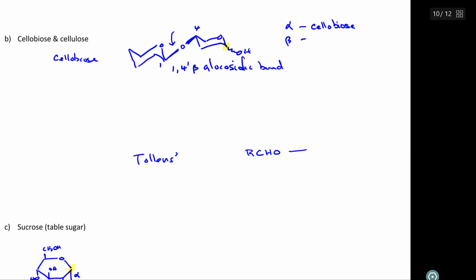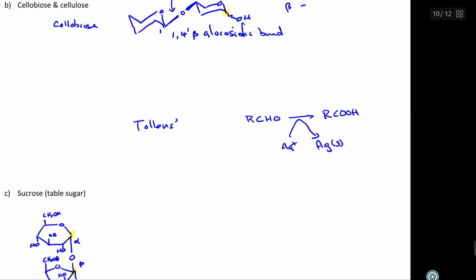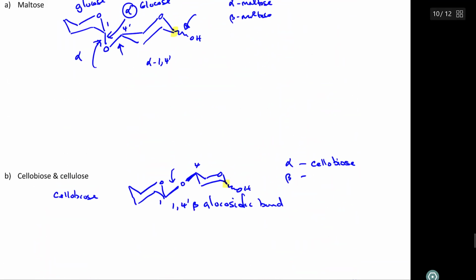But what you end up doing is an oxidation to form a carboxylic acid, the aldonic acid, and at the same time, silver ion becomes solid silver, like that. And that's where we get our silver mirror from. In order for sugars to do this, they have to be able to open up at the anomeric carbon.